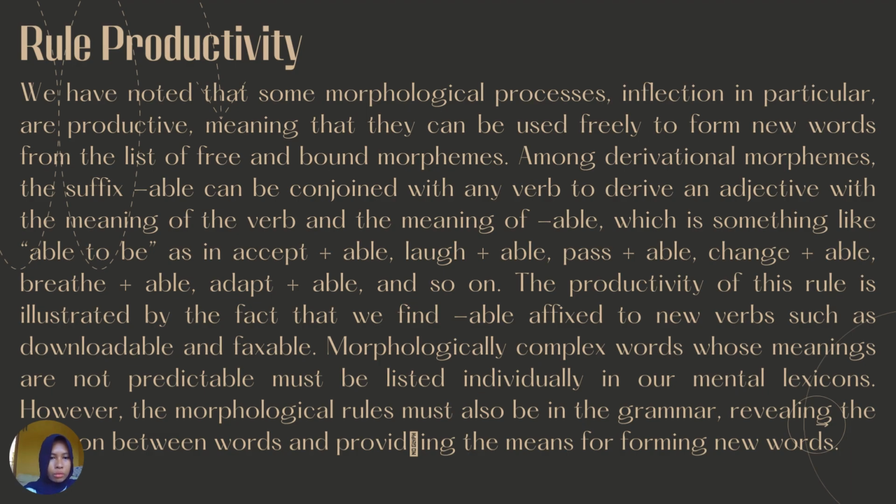Among the derivational morphemes, the suffix able can be conjoined with any verb to derive an adjective with the meaning of the verb and the meaning of able, which is something like able to be, as in acceptable, lovable, passable, changeable, thrivable, adaptable, and so on. The productivity of this rule is illustrated by the fact that we find able affixed to new verbs such as downloadable and faxable.